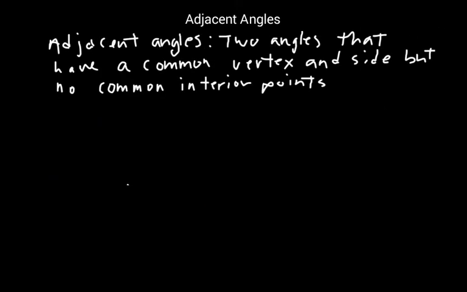Adjacent angles are two angles that have a common vertex and a common side, but no common interior points. A couple of words to make sure we understand: common means shared, and interior means inside.